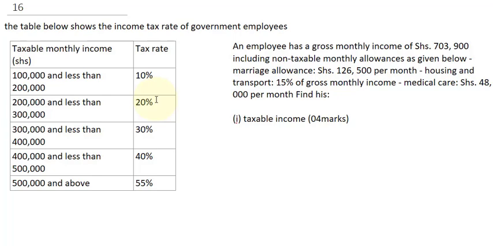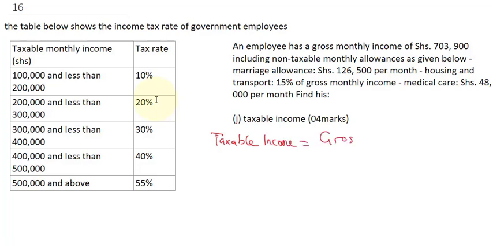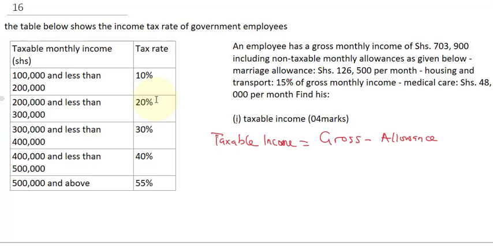Now, the first thing you need to know about calculating taxable income is that the formula is always gross minus allowance. Now, having established this formula, we were given the gross as what? 703,900.